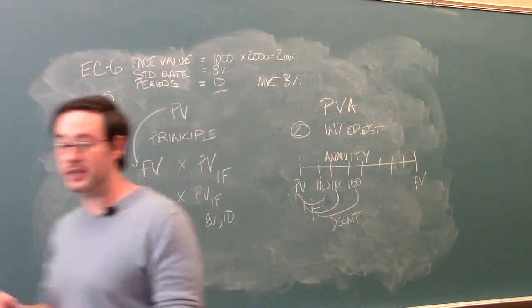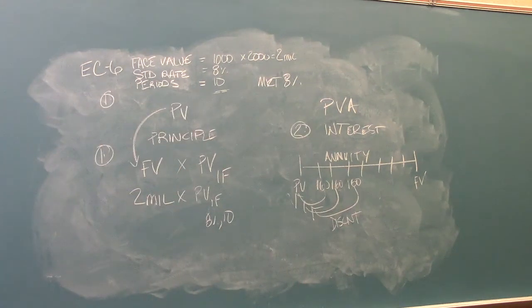So all we need to do is simply go to our table. This table can be found on page C15. It is the present value of a single sum. And all we have to do is scroll on the left-hand side to 10 periods, and then scroll at the top to 8%.